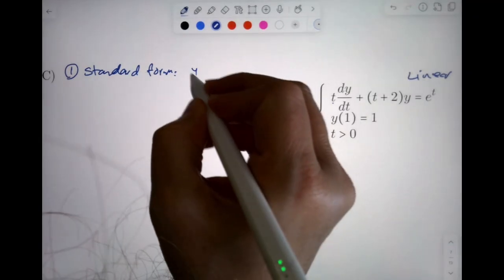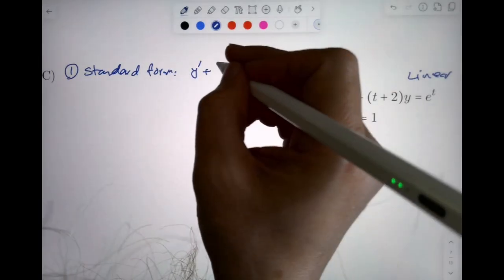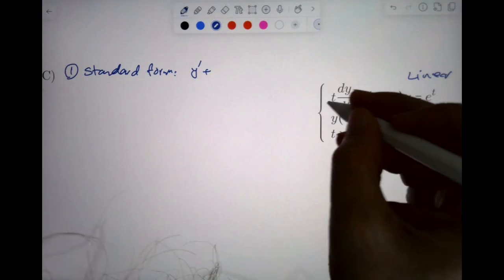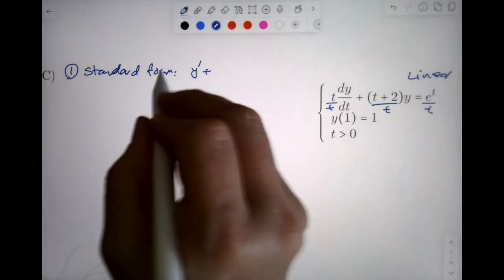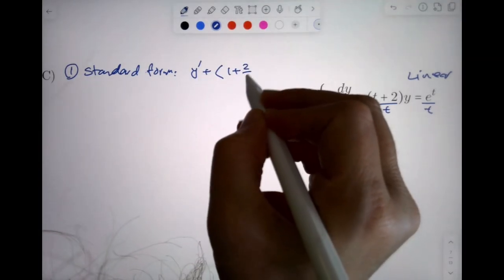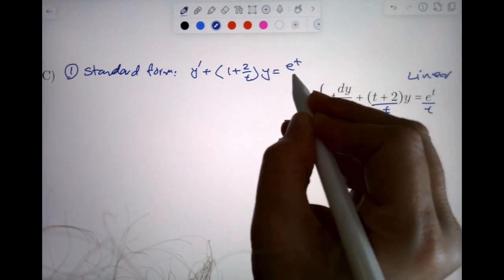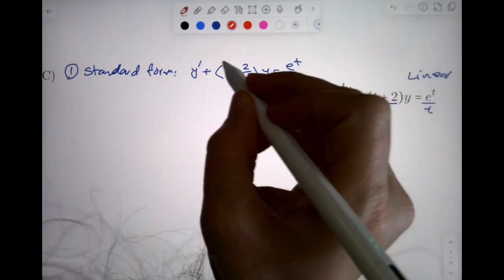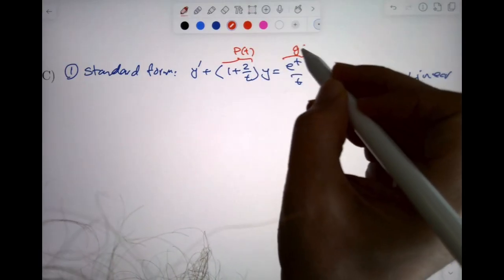And so I get y prime, and if I divide this by t, what I'm ending with is y prime plus 1 plus 2 over t, y equal to e to the t over t. And here, this is p of t, and this is g of t.